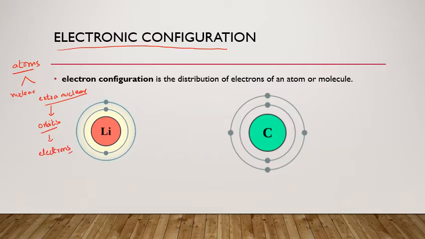If we try to explain the arrangement of electrons in any atom, this process is known as electronic configuration. Each orbit around an atom has a different capacity for the number of electrons it can hold.